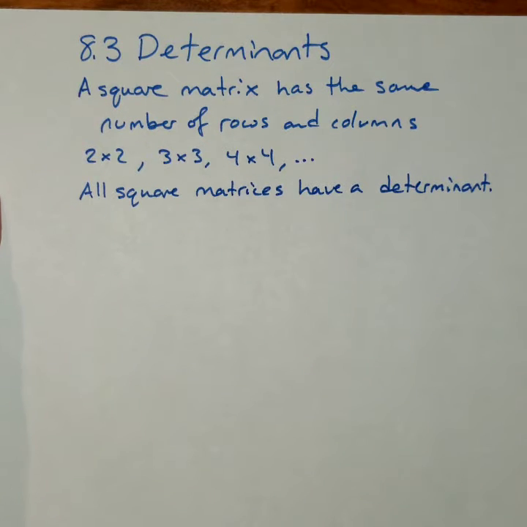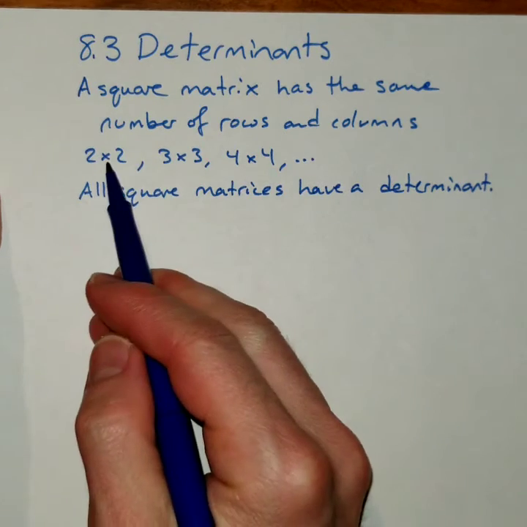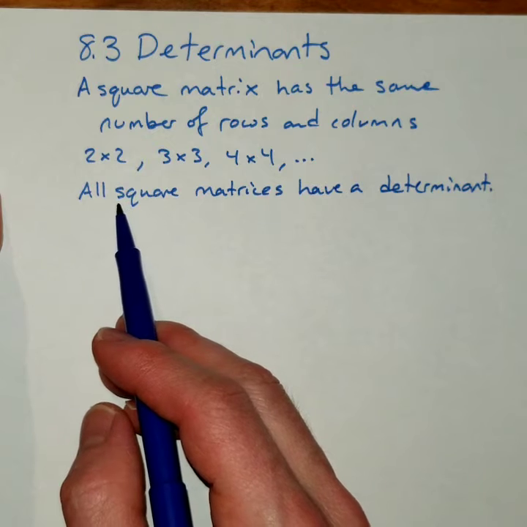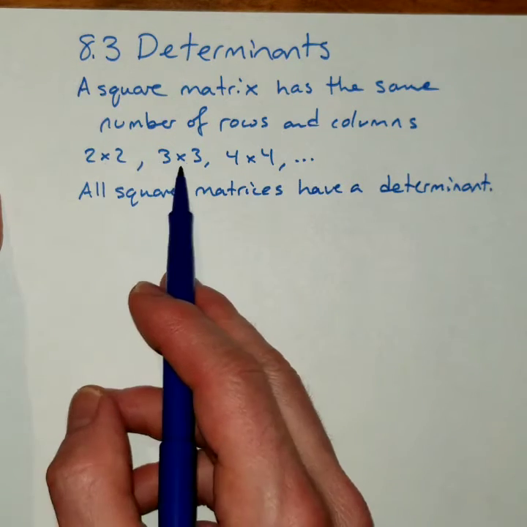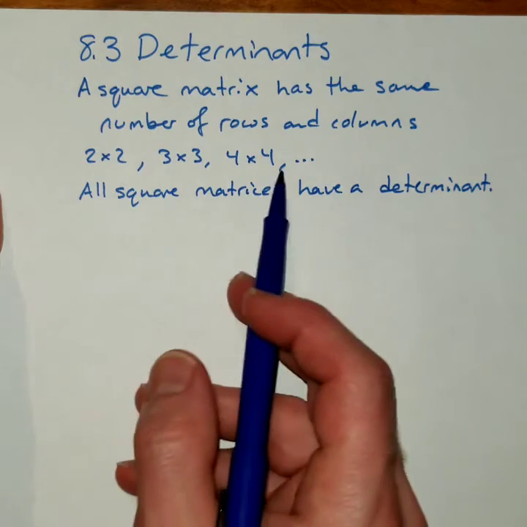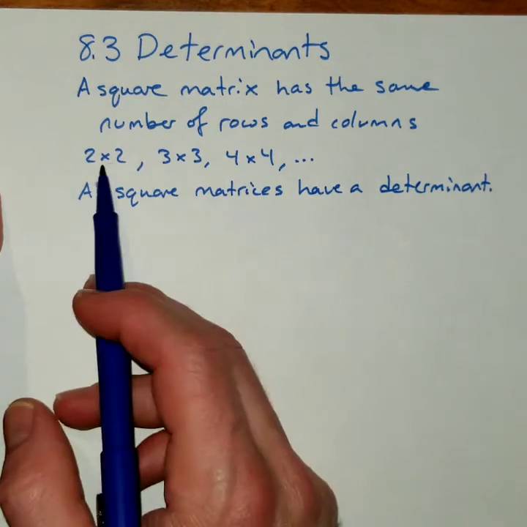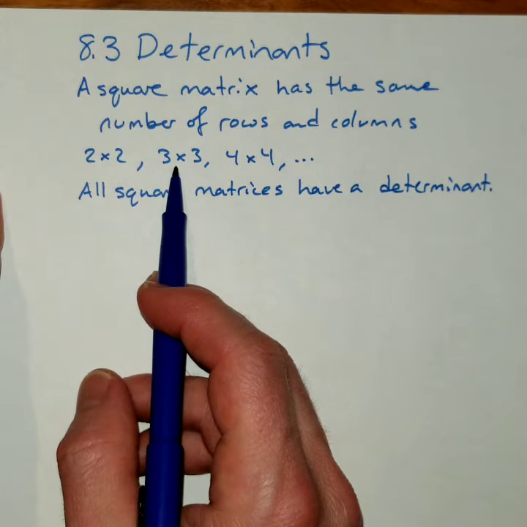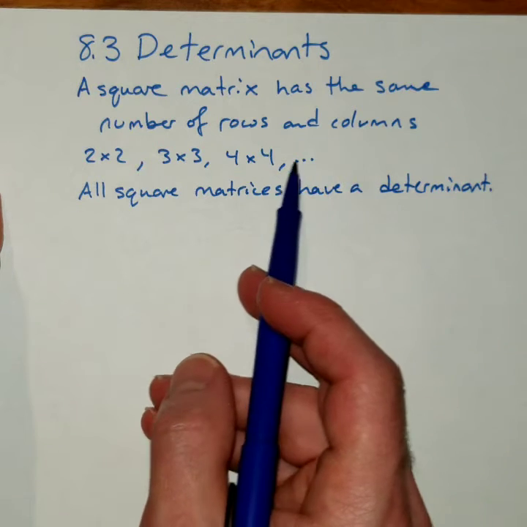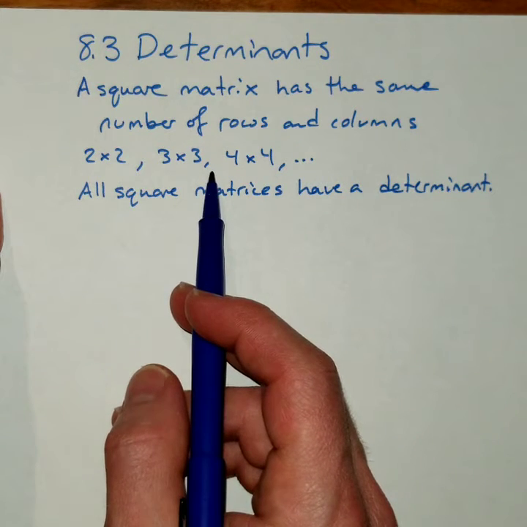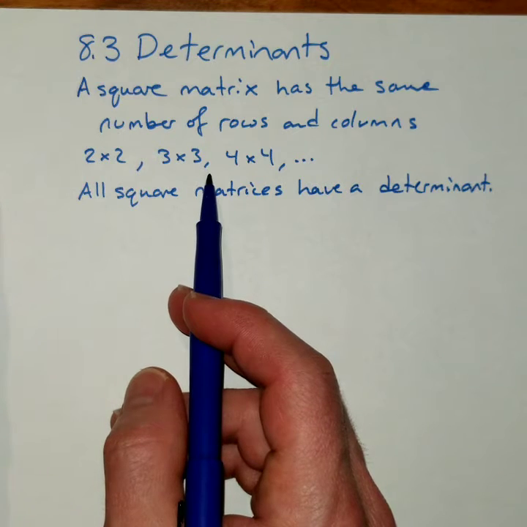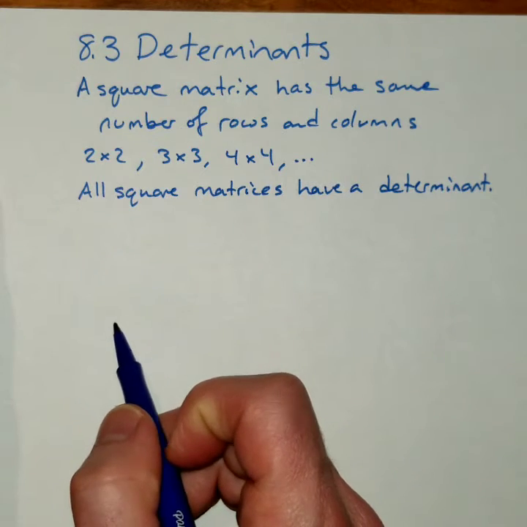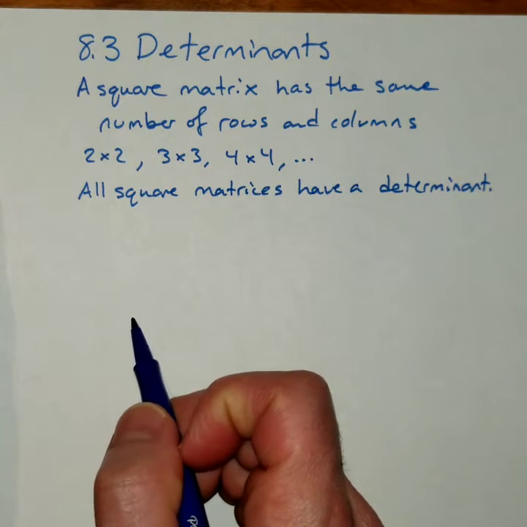And we are going to learn how to calculate those for the 2 by 2 and the 3 by 3 case. There is a method for calculating determinants that generalizes to all cases, but the techniques I'm going to show you for the 2 by 2 and the 3 by 3 cases are not ones that you can generalize to others, but I believe they are quicker and really all that is necessary for us to learn how to solve the systems that we're going to be dealing with.